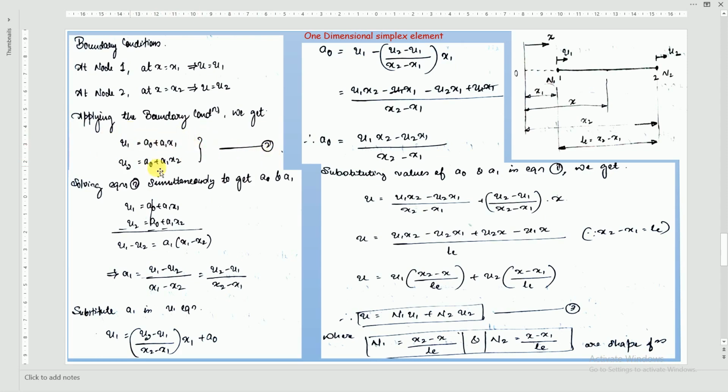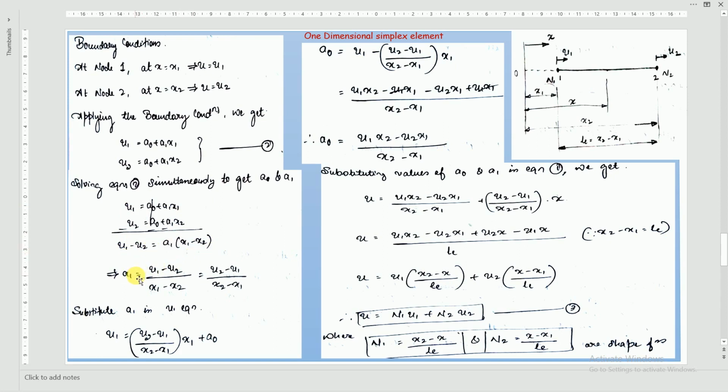So once you get these two simultaneous equations, you have to solve them simultaneously in order to find out the constants a0 and a1. So when you solve this simultaneously, take minus, minus and minus here, these two will cancel out. In these two, a1 is common, so x1 minus x2 in brackets, and this is u1 minus u2. So I'll rearrange this.